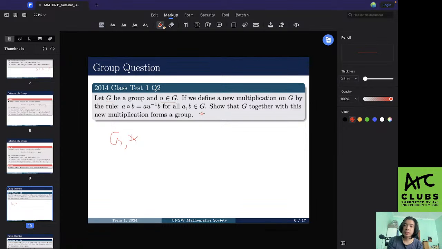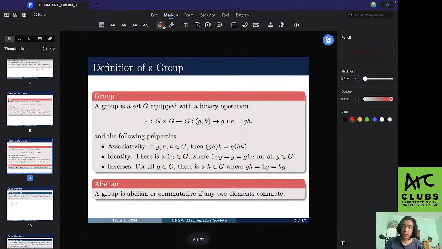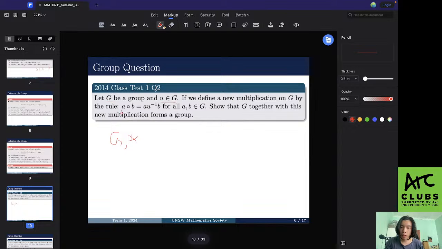So the first thing is we have a set G, right? Obviously G is a set, but then we also need to show that we have a binary operation which follows our rules such that we can input 2 elements in G and output 1 element in G. Obviously A and B are 2 elements in G. We just need to make sure that this is an output in G. Well, originally G is a group, and this is actually using the original group multiplication.